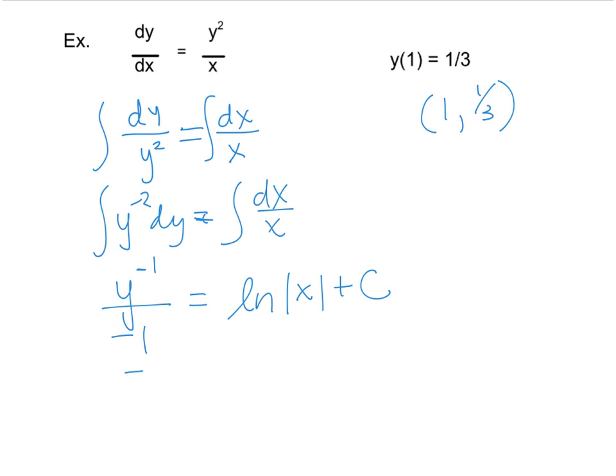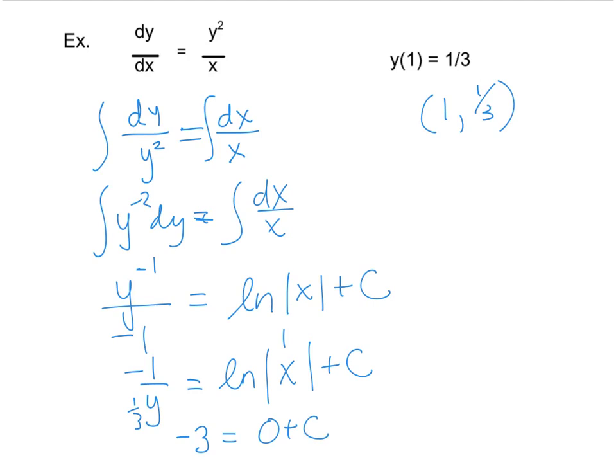So I would have negative 1 over y equals the natural log of x plus c. I put in x is 1, and y is 1/3. If you divide by a fraction, I end up with negative 3 equals the natural log of 1, which is 0, plus c. So my c is going to be negative 3.